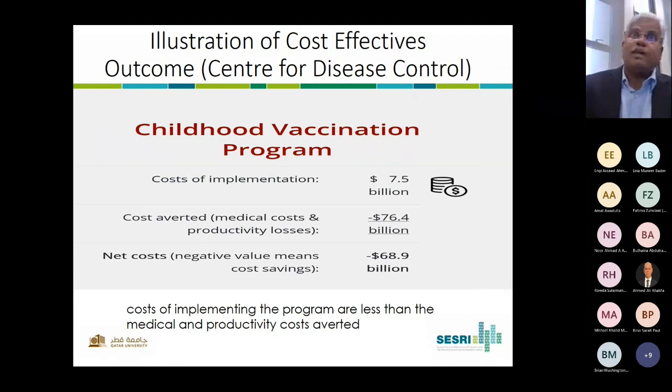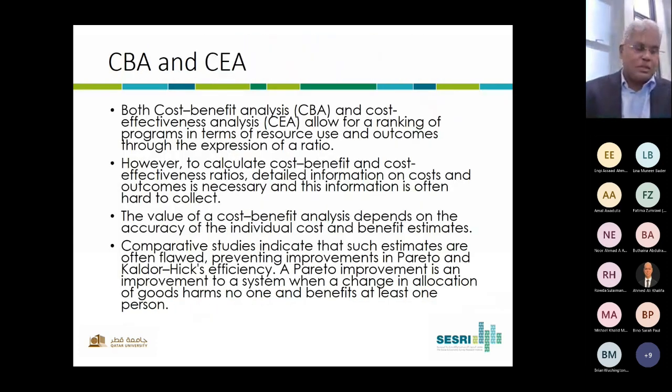If the child is healthy at the childhood stages, the illness at adulthood stages and later life, the disease burden, is much lesser for those children, if fully vaccinated and the healthcare at the childhood level is taken care of well. So the cost of implementing the program is less than the medical and productivity cost averted. If you don't invest in the child today, that child may not be in a fully productive form tomorrow. That is the essence of cost effectiveness analysis.